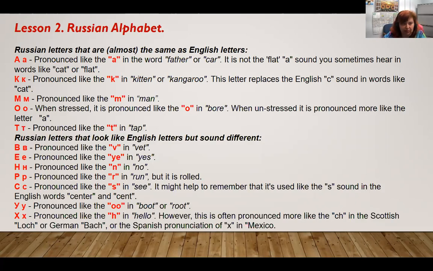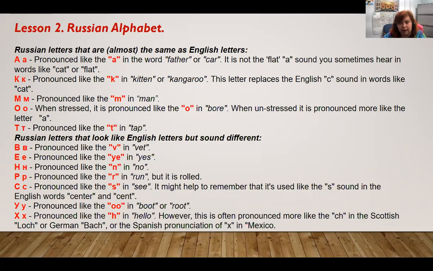So Russian alphabet. So the Russian letters that are almost the same as English letters. Letter A, pronounced like the letter A in the word father or car, A. It's not like the flat A sound you sometimes hear in the word like cat or flat.